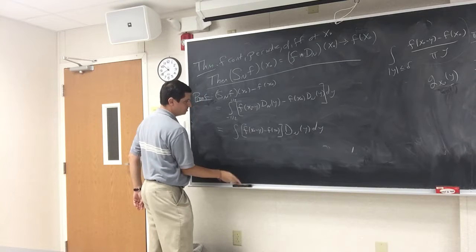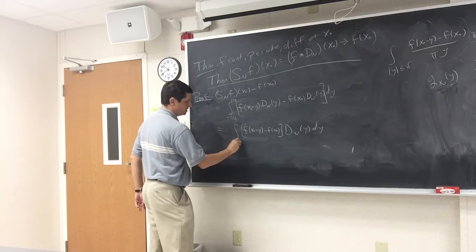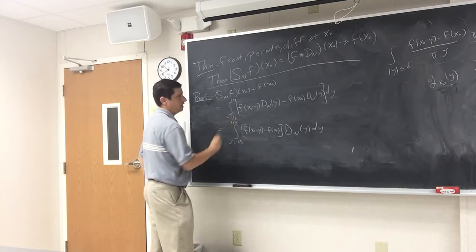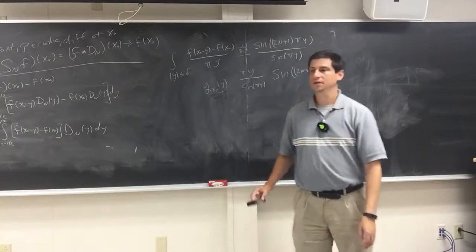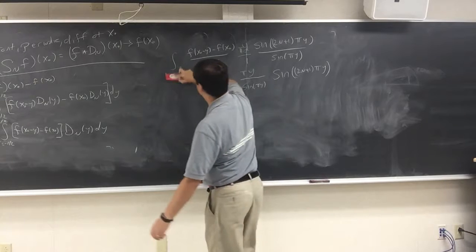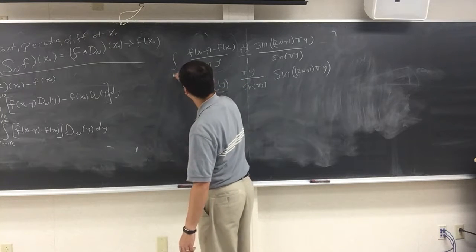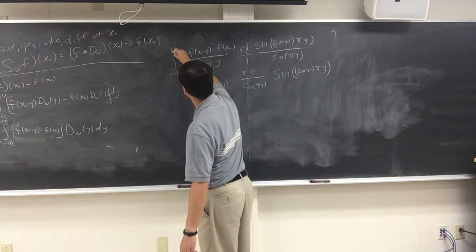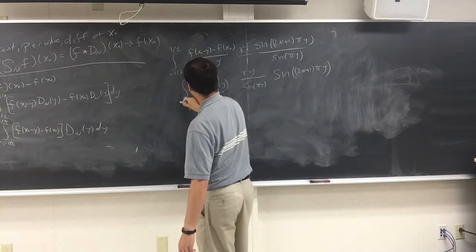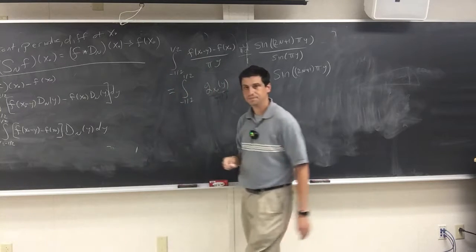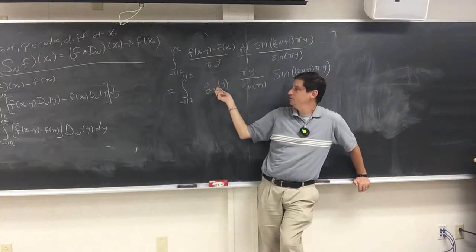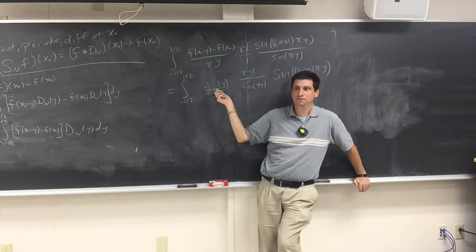And this is just an integral. Y goes from minus a half to a half. And so I come up over here, and I have to do this for all values of y. And so I integrate from minus a half to a half. I can still call this function g of x naught of y.